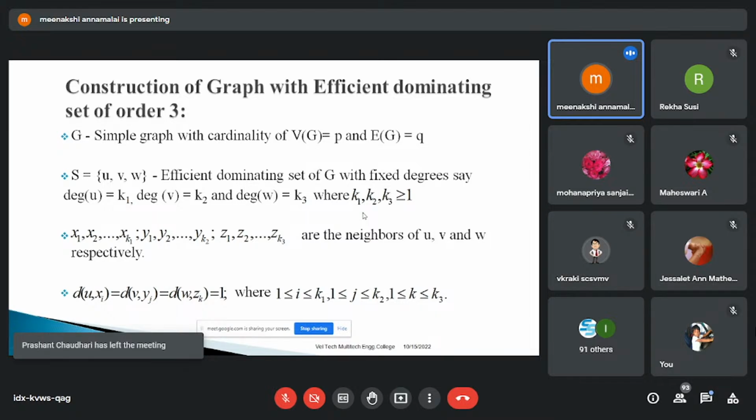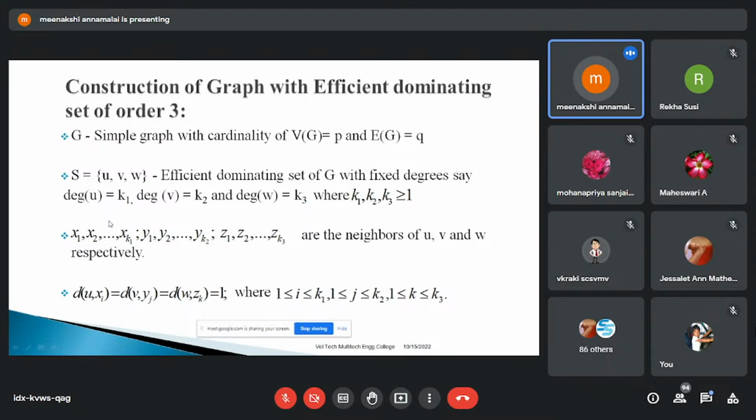So first we are starting the network with the vertices u, v, w, and the corresponding neighbors. I have to assign the corresponding neighbors, and how many edges I need, we have to decide ourselves. Now x1, x2, etc., xk1, y1, y2, etc., yk2, z1, z2, etc., zk3 are the neighbors of u, v, w respectively.